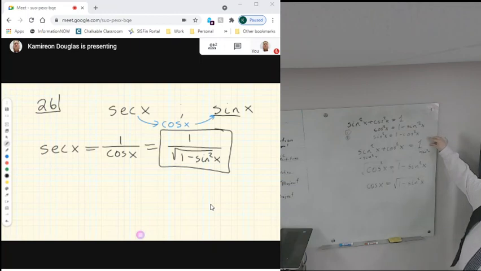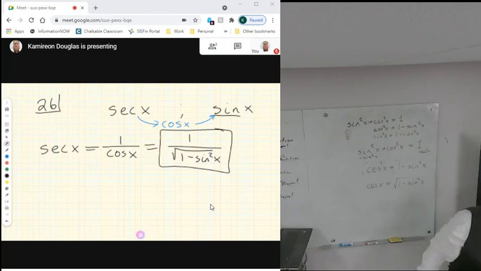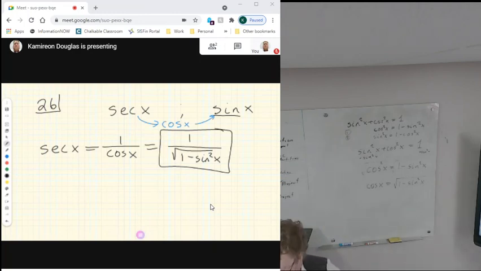So I start with the formula I'm given, apply algebra to get cosine by itself, and plug it in. Again, this gives me a single function in terms of one variable, sine. I found it by using a reciprocal identity and rewriting a Pythagorean identity into a new form.